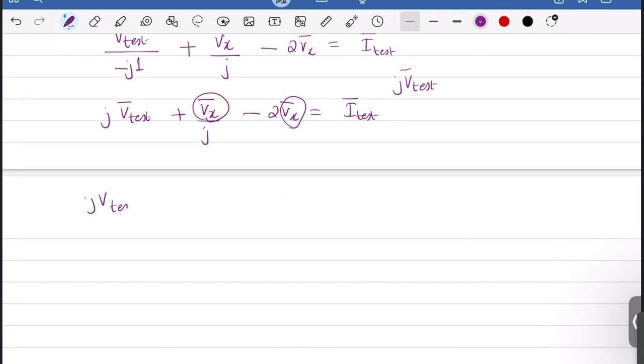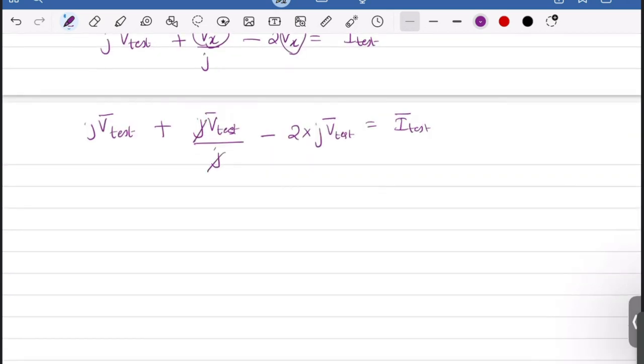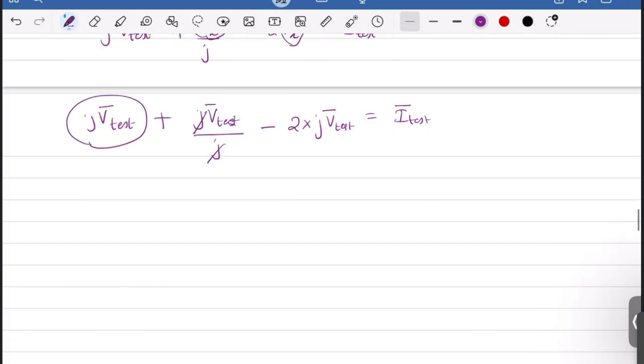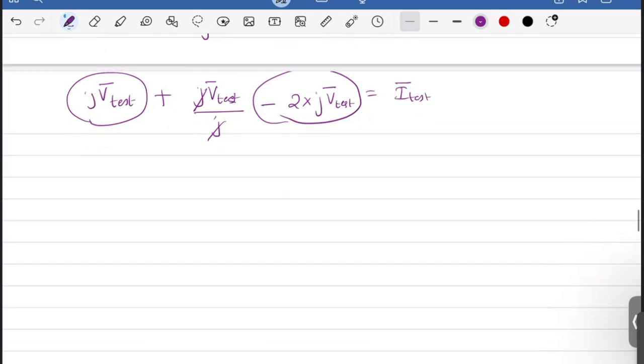It will become j times V test plus j V test by j minus 2 times j V test is equal to I test. So j by j gets cancelled out. You have j V test minus 2 j V test, which becomes V test minus j V test is equal to I test.